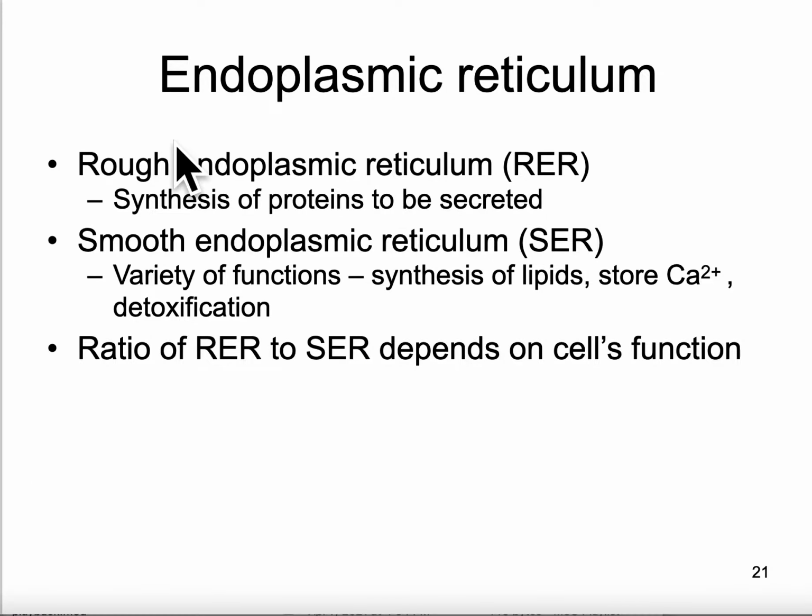Endoplasmic reticulum, there is rough and smooth. The one we were just looking at that was light blue, maze-like, that is connected to the nuclear envelope is called rough endoplasmic reticulum. The reason why it's called rough ER is because it has a lot of ribosomes, the little protein makers, parked onto the surface of the rough ER.